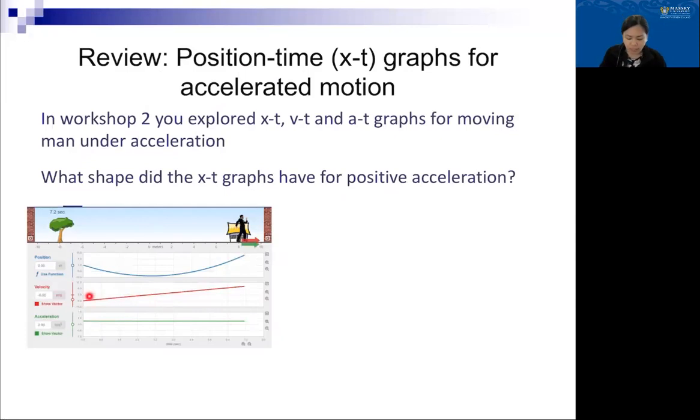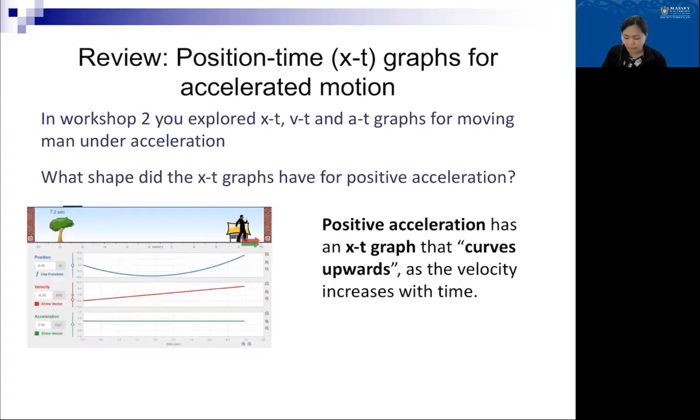So if the velocity is a straight line going upwards, what's the shape of that position time graph whose slope will give you this straight velocity time graph? Hopefully you've seen in the PhET simulation that if the position time graph is a curve that curves upwards, the slope of that will give you a straight line graph pointing upwards.